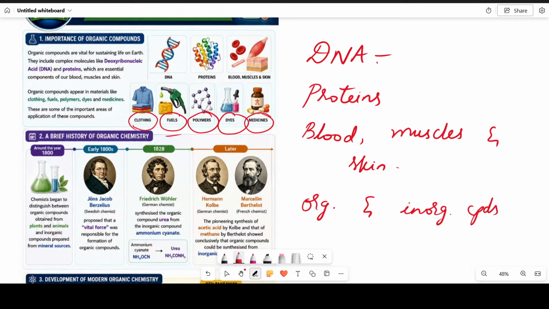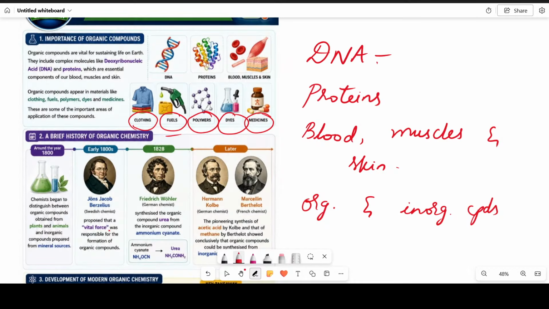But later in the 1800s, Johannes Jacob Berzelius, a Swedish chemist, proposed that there is a vital force which is responsible for the formation of organic compounds.